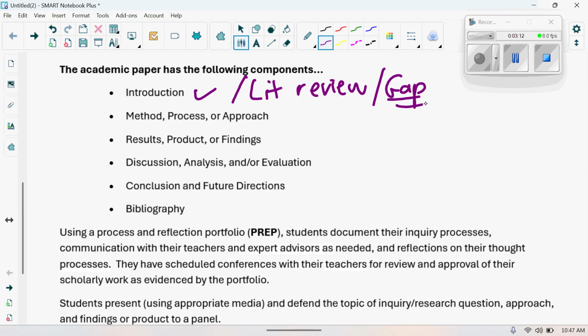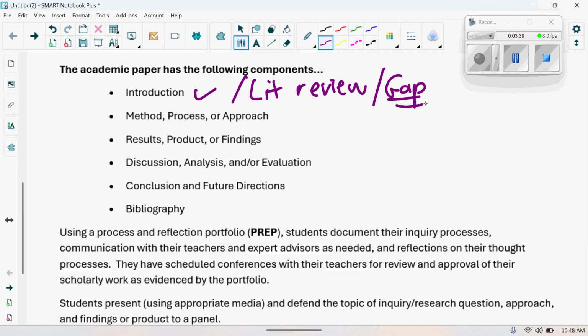So the purpose of your project is to fill that gap and to answer the question that is created by that gap. So you're going to find scholars who hopefully are in conversation, who will hopefully have conflicting views, or maybe they're studying a population that's different than yours, and you're going to try to study a different population.